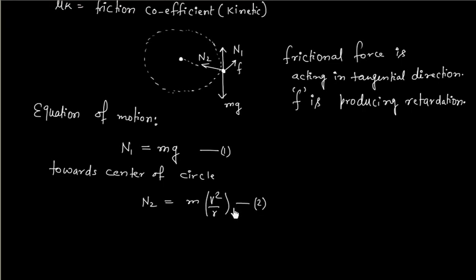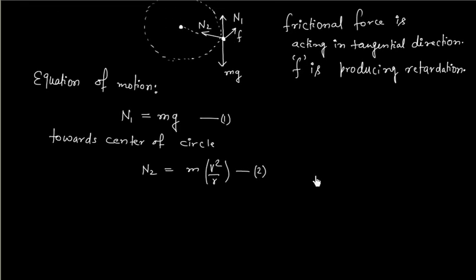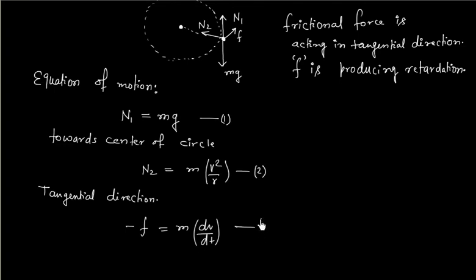Now we need a third equation, that is tangential force is equal to mass into tangential acceleration. So we can write the equation in the tangential direction. The force is friction, and this is a retardation force. So mass into acceleration, where in tangential direction acceleration is dv by dt.